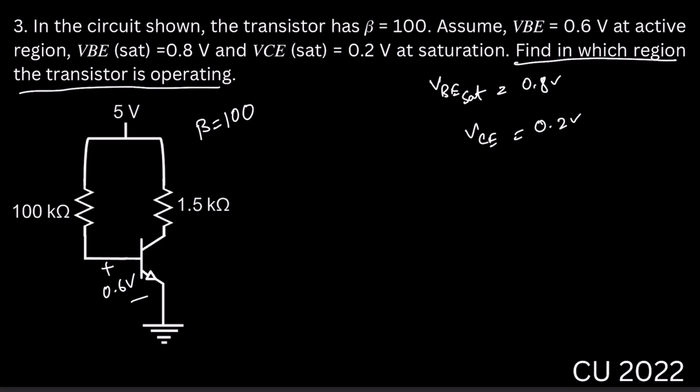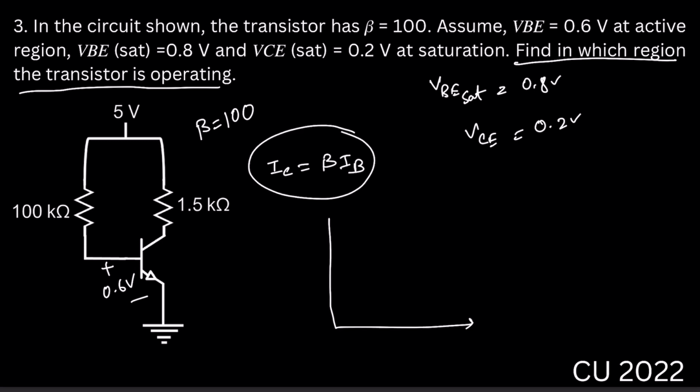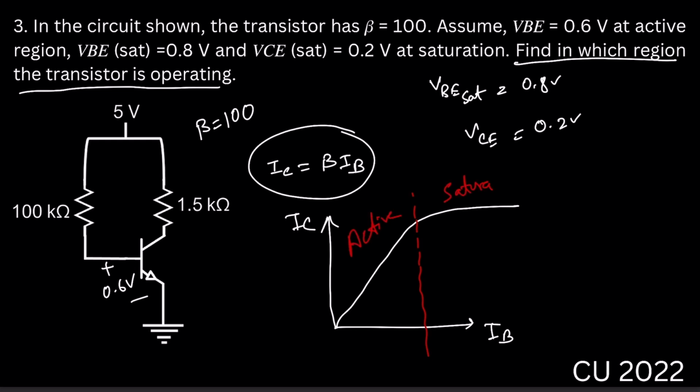Why? For the IC equal to beta IB calculation, we assume that the transistor is in the active region. If we just draw, this is IC and this is IB. The plot looks like this, right? And this area is the active region and this area is the saturation region.